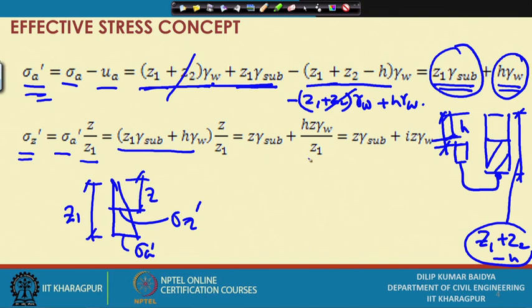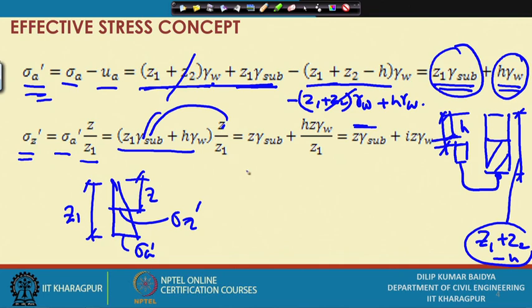So, it will be z into gamma submerged, and here it will be h z gamma w by z 1.